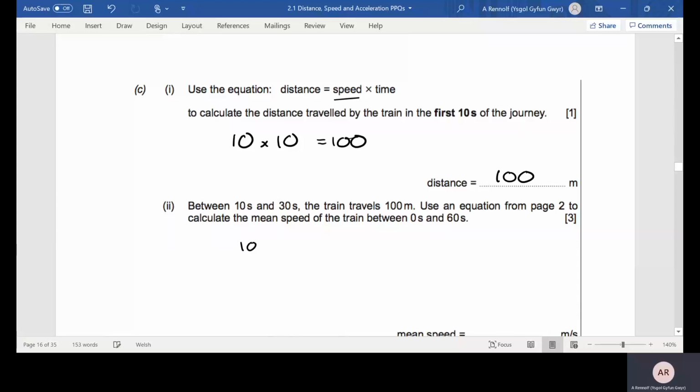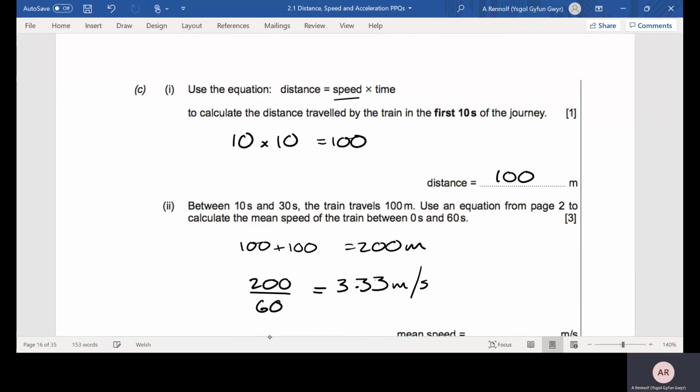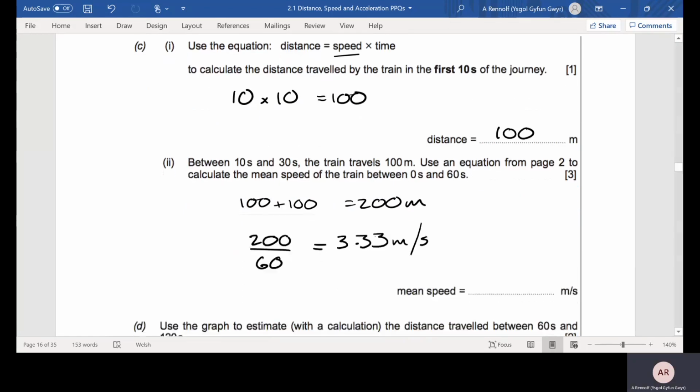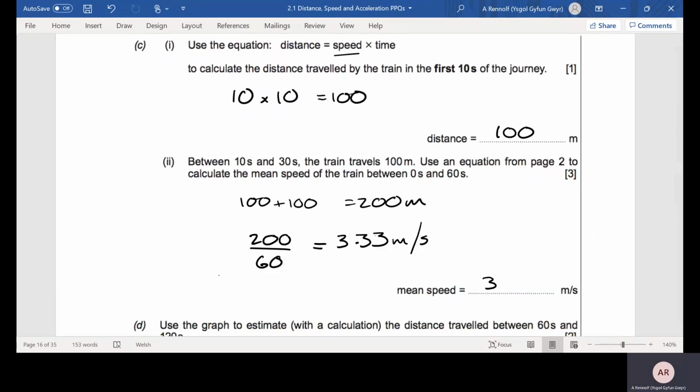Our total distance is 200 meters, and our distance over time, 200 over 60, gives us 3.33 meters per second. So our answer to this question is 3.33 meters per second.